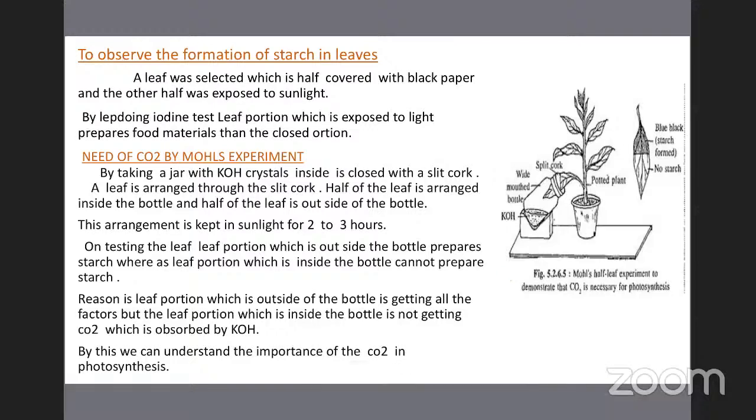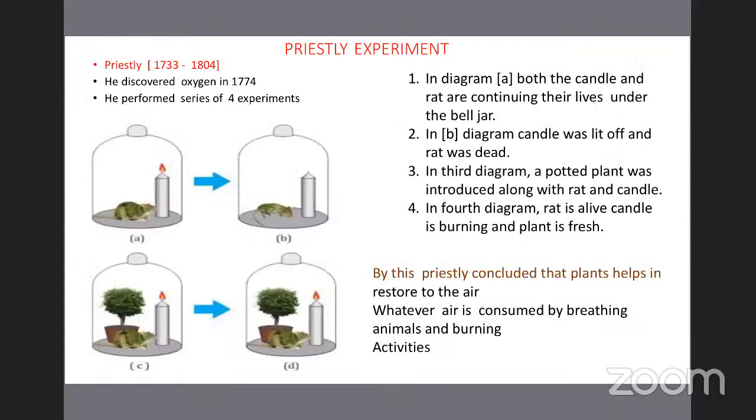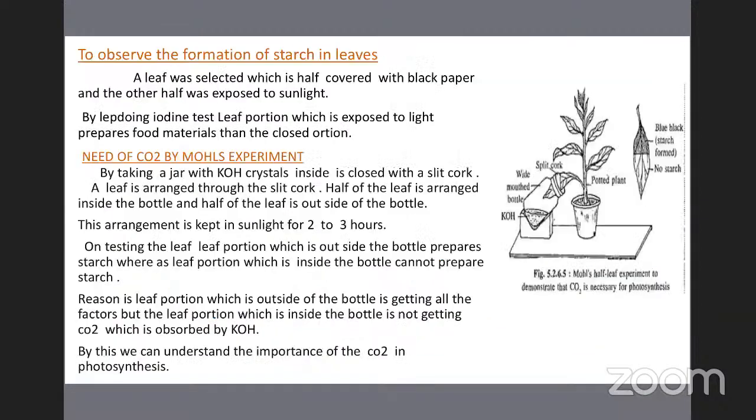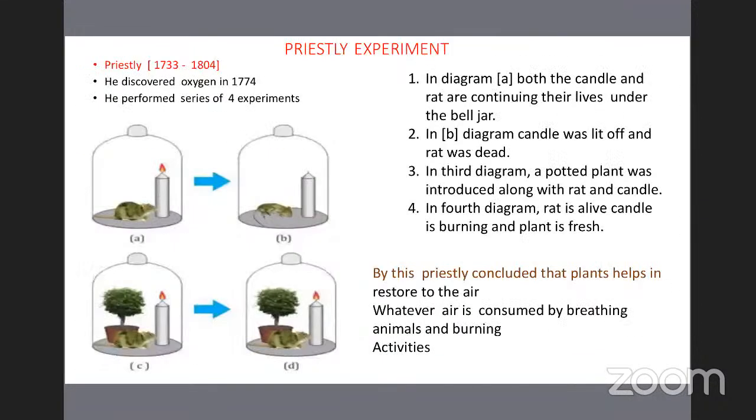The next one is the Priestley experiment, in which we also proved the role of air. Priestley concluded that plants help in regenerating or restoring the air in the atmosphere by performing a series of experiments with two living organisms that need oxygen for life.